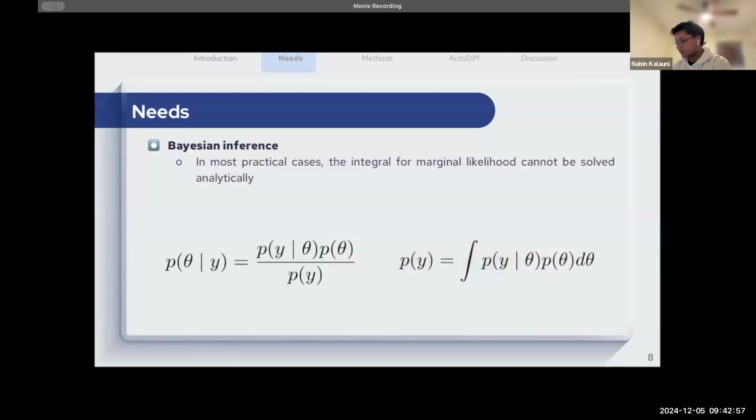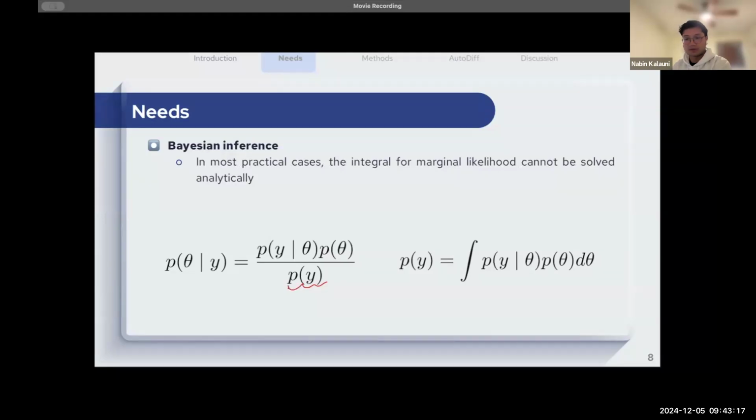Another use case that I thought is pretty interesting is in Bayesian inference. The problem with Bayesian inference mostly is that the marginal likelihood integral, this part right at the bottom, needs to be evaluated. We need to solve this integral on the right hand side, and this integral is not always solvable analytically.